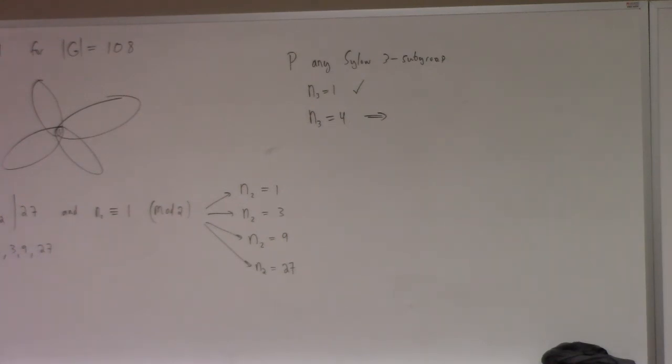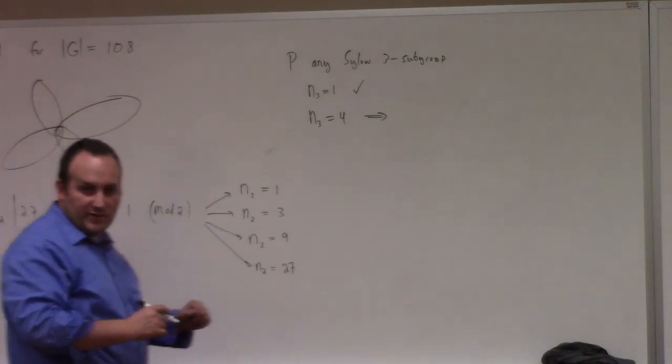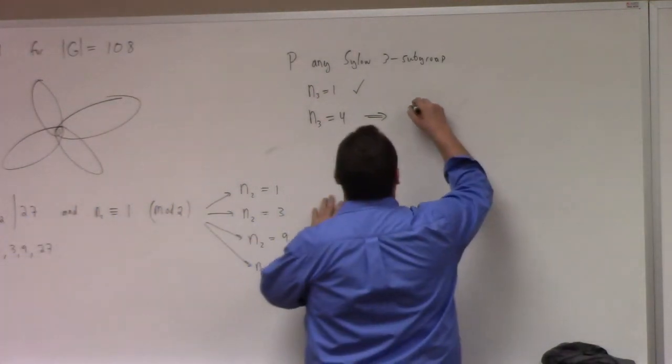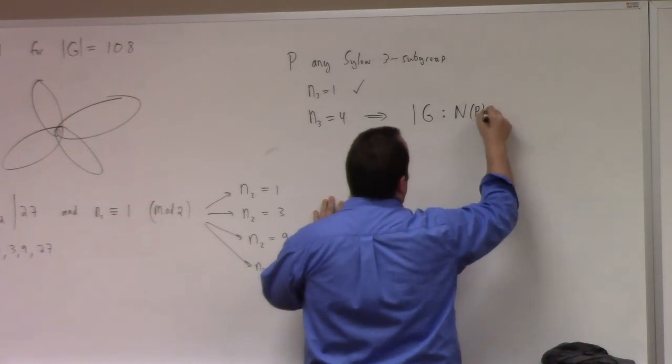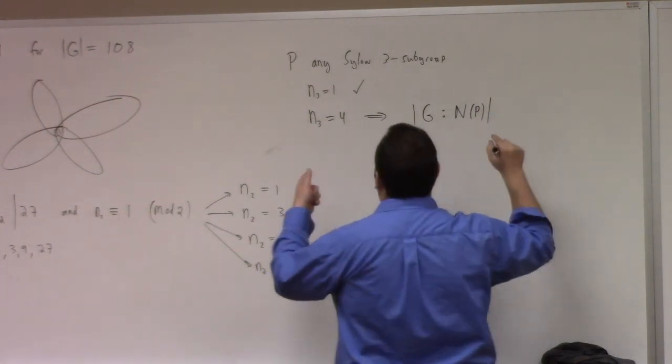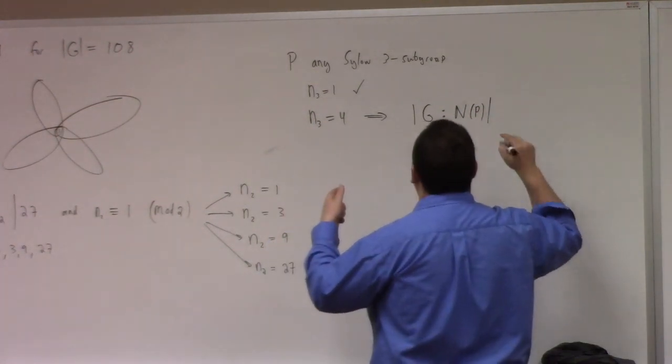N3 equals 1 means that P is normal, right? But if N3 is equal to 4, then the index of the normalizer of P is equal to 4. That's the thing we're not using yet. The normalizer of P. Well, it's equal to 4 in that example. What's it equal to here?